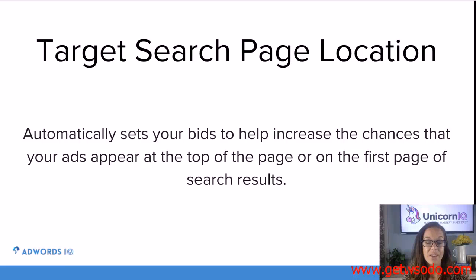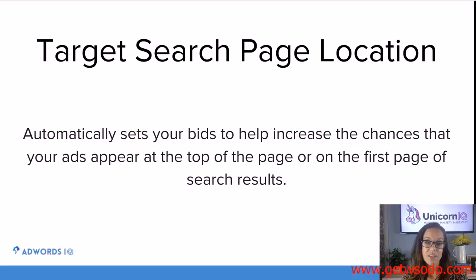I typically encourage people to not always go for the top spot because it is a little bit more expensive. Sometimes you'll find that in the end, that extra cost for being in the top spot doesn't always pay off. You can actually get a lot cheaper clicks in the second and third spots and do just as well on the conversion rates.